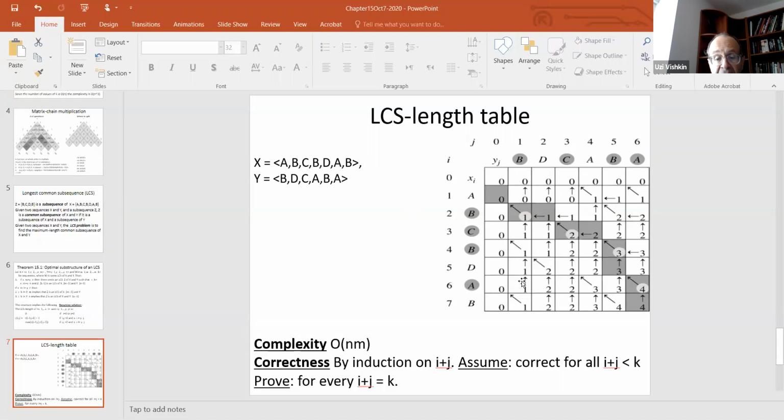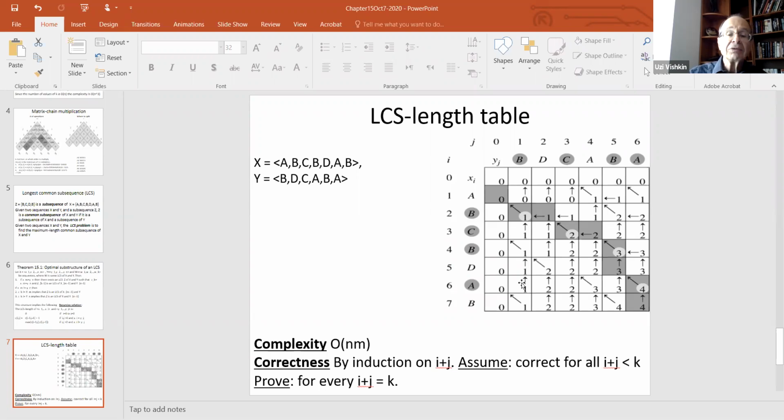But this allows us to keep under control the frontier, which is the diagonal going this way, which means that the maximum size of the frontier is linear, and therefore the complexity is kept under control, and in this case it was n squared.